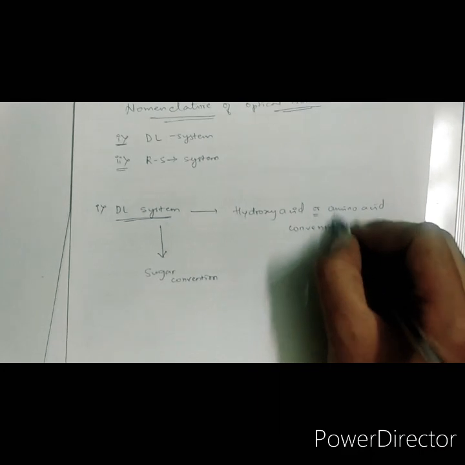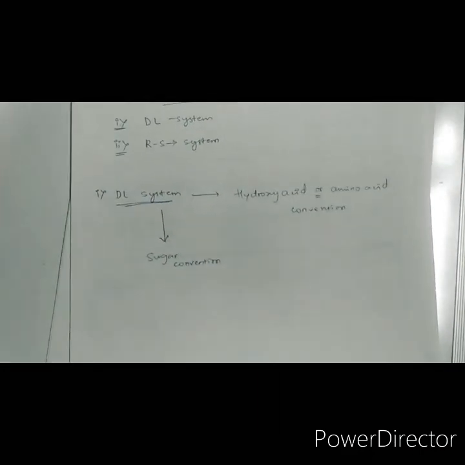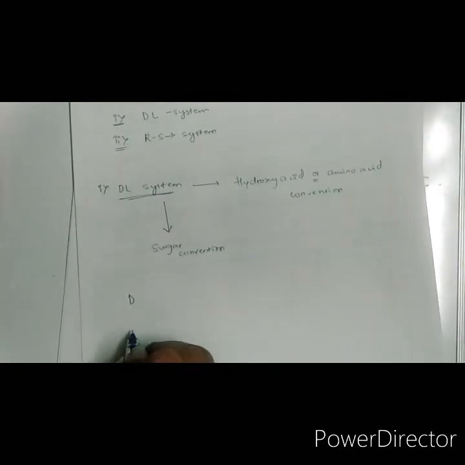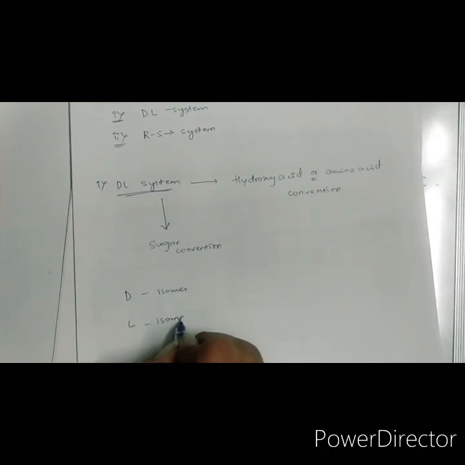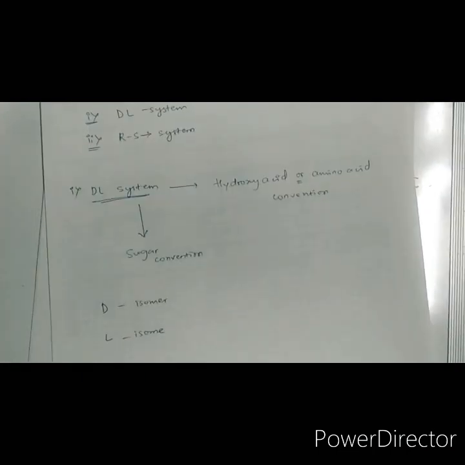So what is meant by the hydroxy acid or amino acid convention? Here the molecule is defined as D isomer and L isomer. So what is a D isomer?